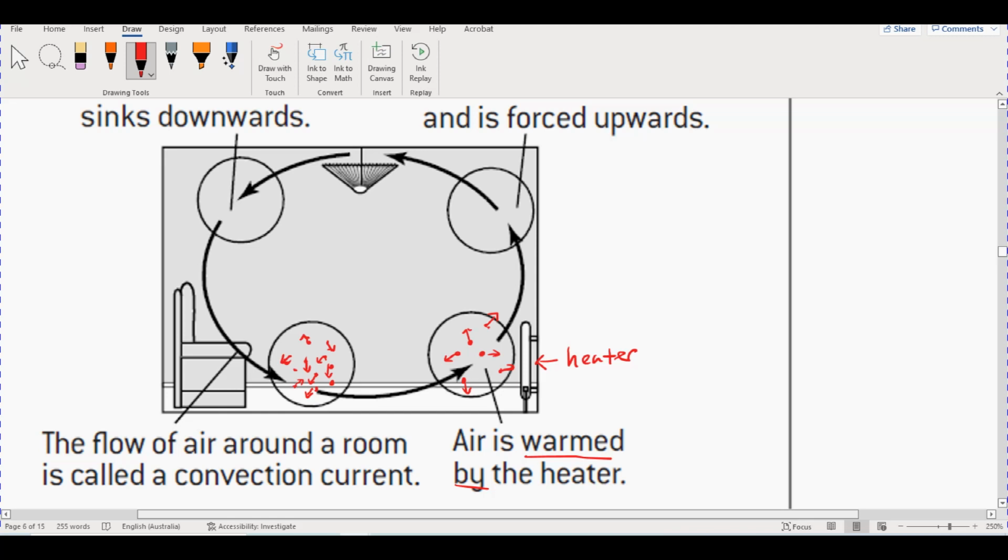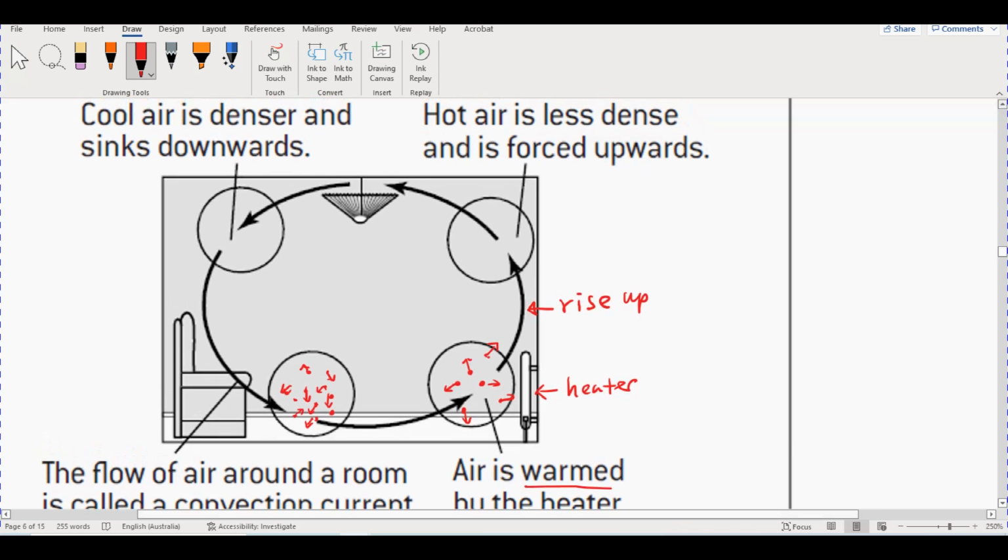So this hot air will rise up from the lower place to the higher place. Hot air is less dense and rises upwards.